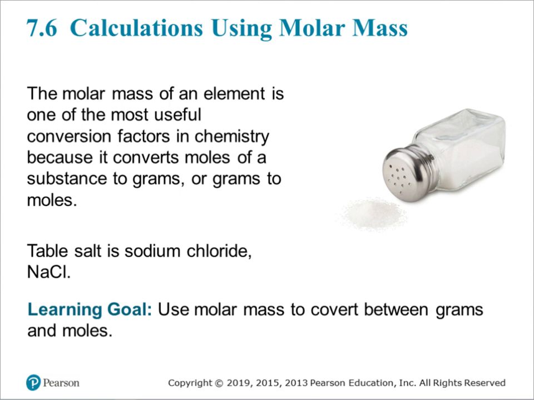So we know how to calculate molar mass. We know how to use Avogadro's number to go from moles to number of atoms or molecules. Now we're going to combine these concepts, and we're going to be able to convert between a mass of something in grams to moles and vice versa.